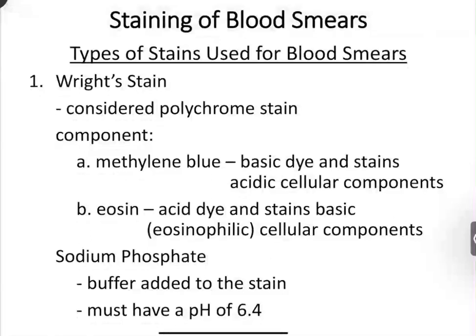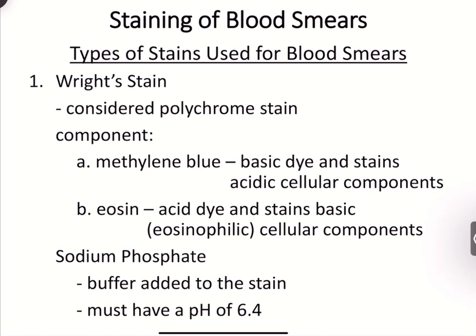After you prepare your blood smear, of course, we will stain it. In staining your blood smear, we use the appropriate blood stains, especially Wright stain, considered to be a polychromatic stain. When you say polychromatic stain, it has different components or colors, so you have the basic and the acidic components of this stain.